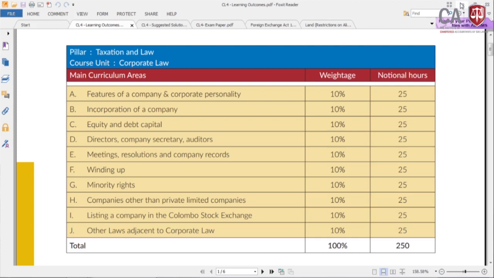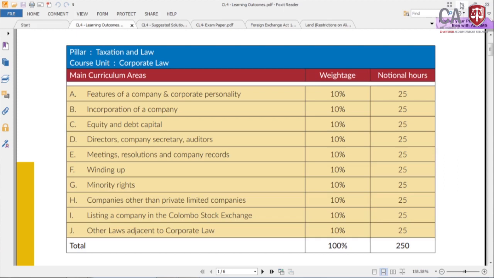So you will get a question based on this area, and then on the incorporation of a company, I have dealt with the common law as well as the statutory law pertaining to this area. So you need to look at all the lectures that I have done.